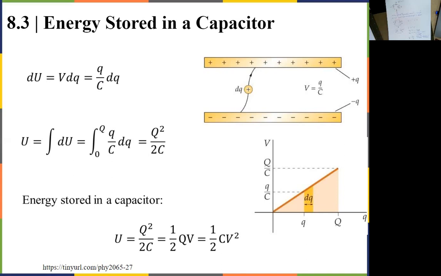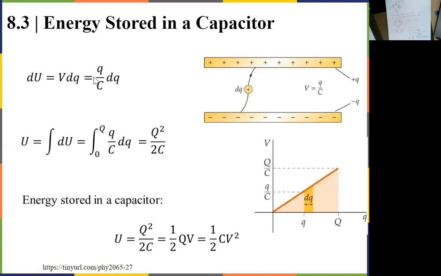Okay, so then you are moving that slowly, dq. At the same time, if you have q built up, then you have voltage built up across the two plates. So the energy stored in the process of moving a dq charge from one plate to another plate is equal to dq times v.